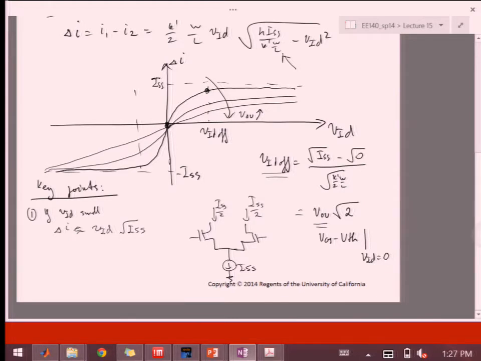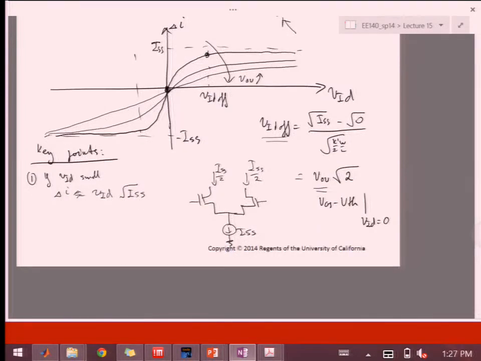So you can use this type of circuit to do multiplication between the input differential voltage and something that is in the tail. And this is often used a lot in, let's say, circuits like mixers or GMC multipliers, etc. So you'll do that kind of in more advanced courses. But this is one of the features of the differential pair.